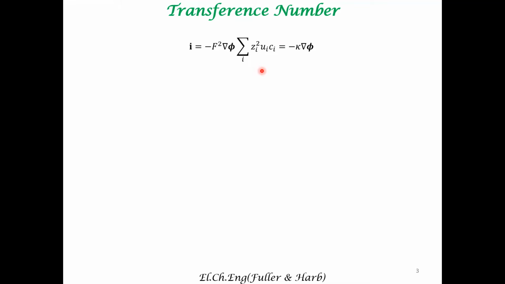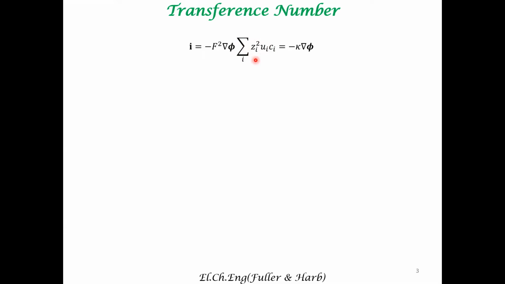Okay, so this we derived when there is no concentration gradient in the electrolyte, and the equivalent of Ohm's law for an electrolyte was written in this manner. So this term we define in terms of conductivity.